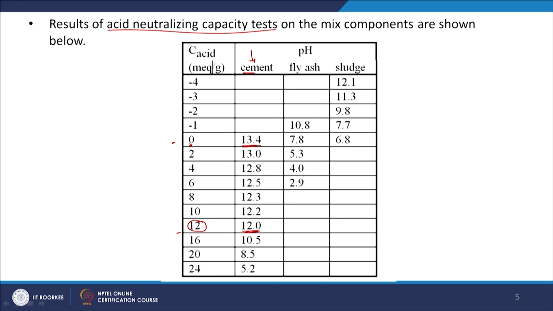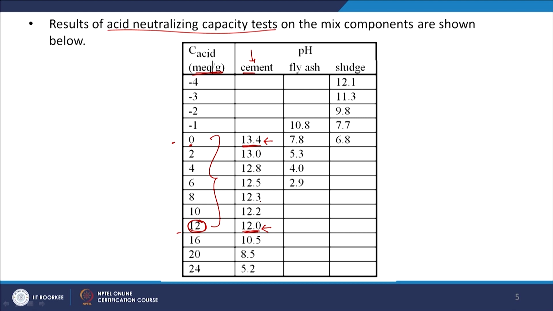So what does this mean now? Let us just try to understand. It means that 12 milliequivalents of the acid per gram of the cement needs to be added to bring down the pH from 13.4 to 12.0, right. So that is more or less your neutralizing capacity out here, or that is how you can understand this particular table.